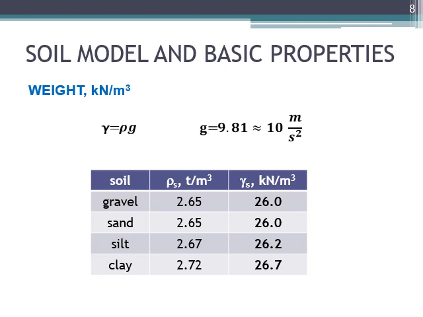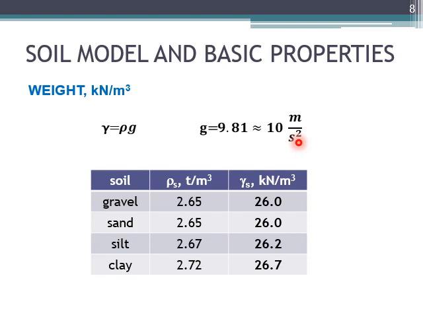The next parameter is weight. You can get weight if you multiply the density and gravity. Gravity g equals 9.81 meters over second squared.